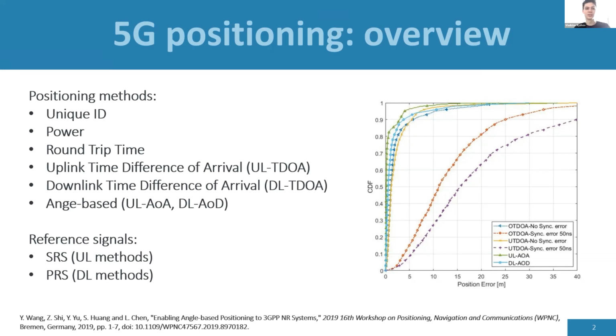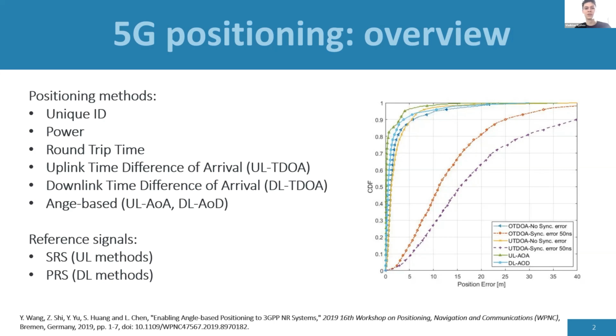It is presented in the 3GPP standard, as well as the uplink time difference of arrival and downlink time difference of arrival methods. There is also a group of methods based on angle of arrival or angle of departure estimation, depending on the type of measurements and signals that we use in downlink or uplink.